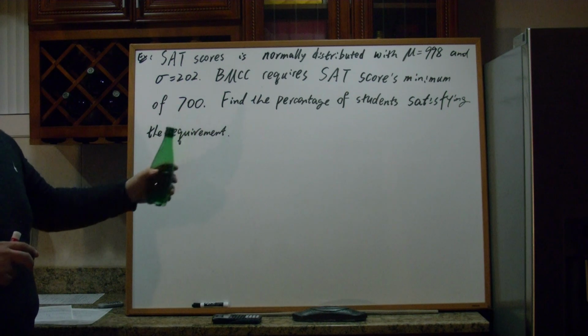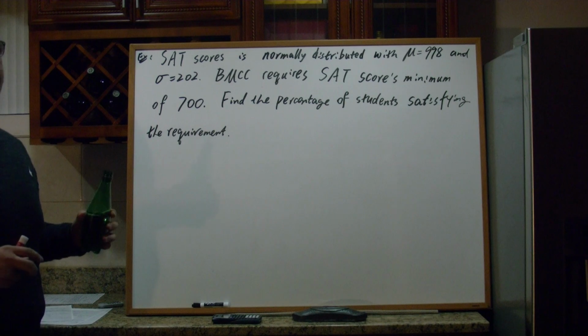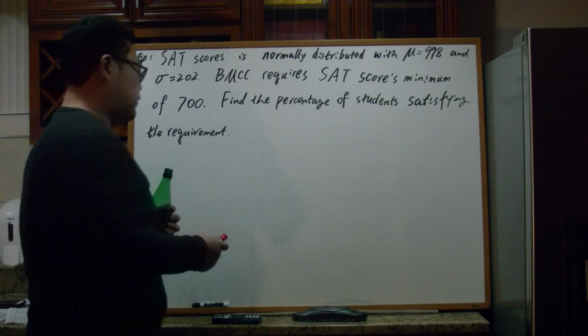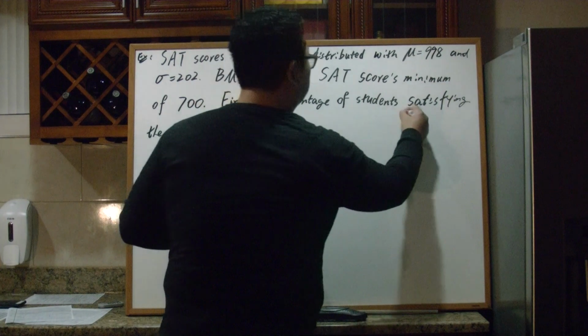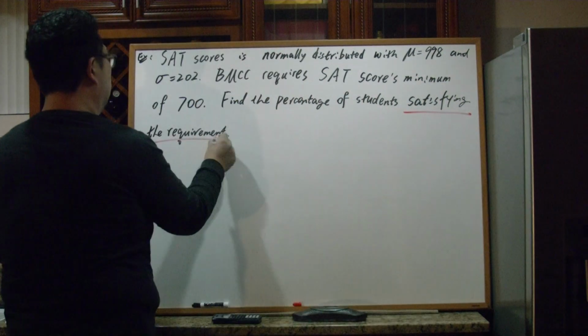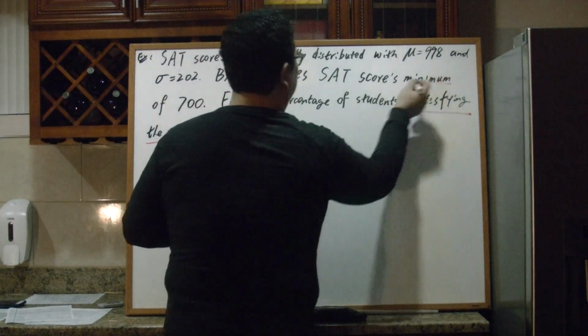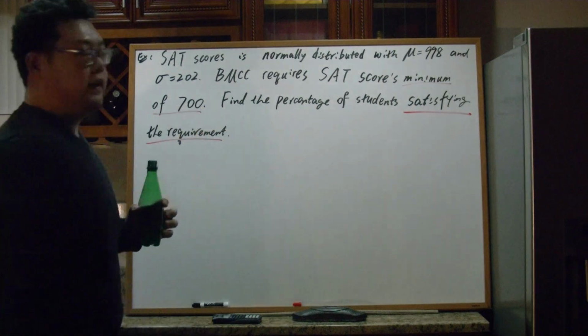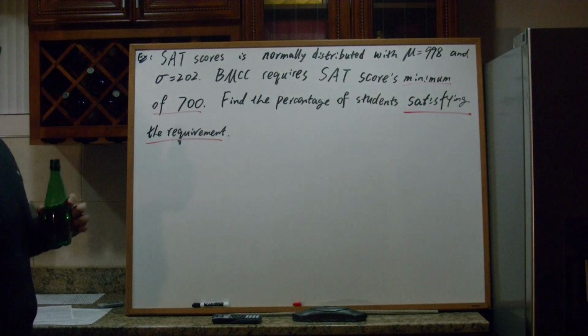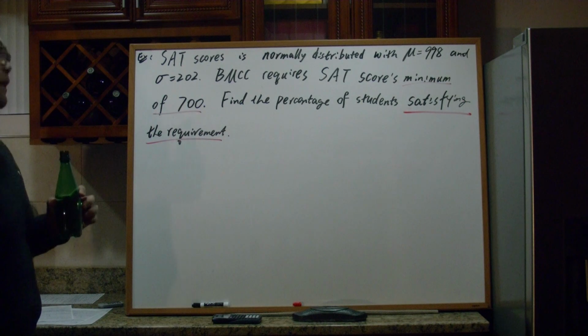Find the percentage of students who satisfy the requirement, which equivalently means having a minimum of 700. A minimum of 700 means 700 or more.